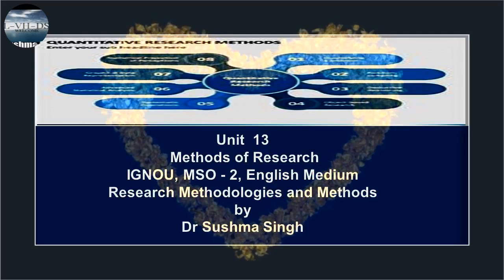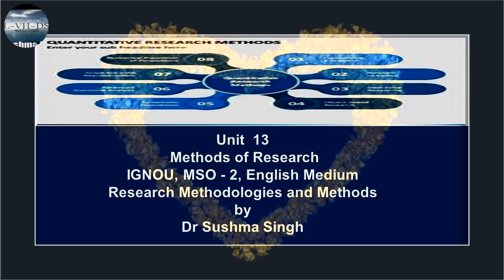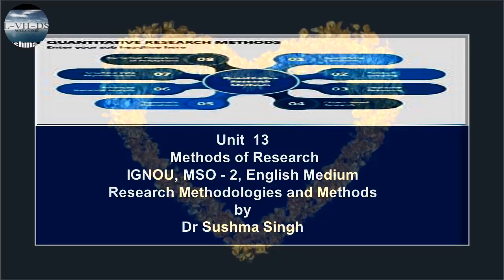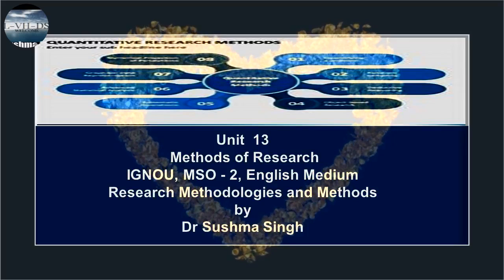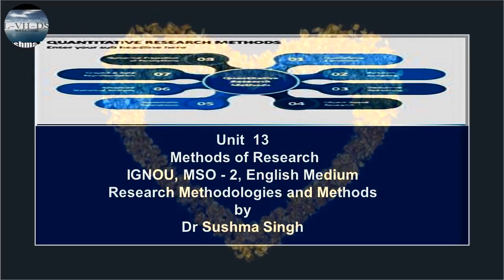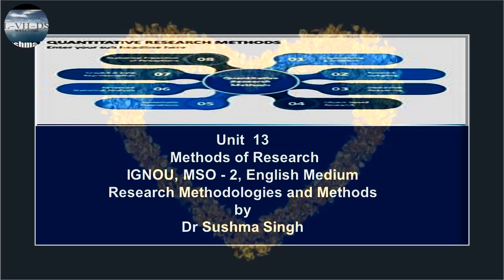Now let us move to the next point: personal documents. These include all the published and unpublished information documented by individuals for different purposes. Personal documents are not written in a scientific style.